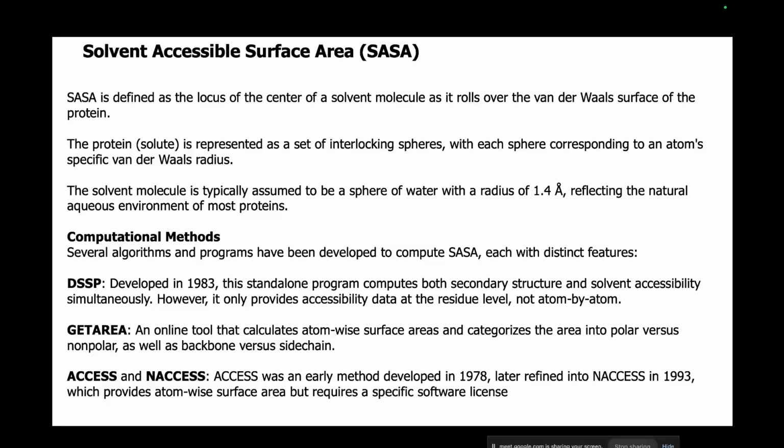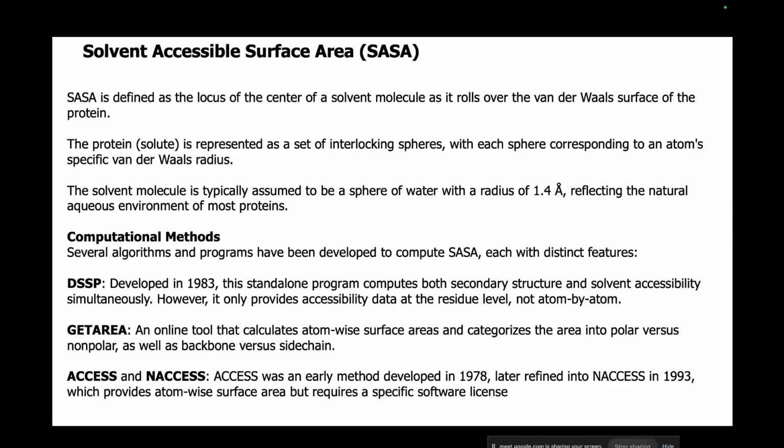So this is known as solvent accessible surface area. The solute is represented as a set of interlocking spheres, with each sphere corresponding to an atom-specific van der Waals radius. The solvent molecule is typically assumed to be a sphere of water with a radius of 1.4 angstrom, reflecting the natural aqueous environment of most proteins.